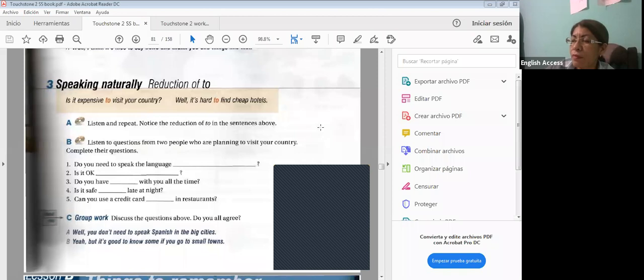Is it okay to drink the water? 3. Do you have to have ID with you all the time? 4. Is it safe to go out late at night? 5. Can you use a credit card to pay in restaurants?